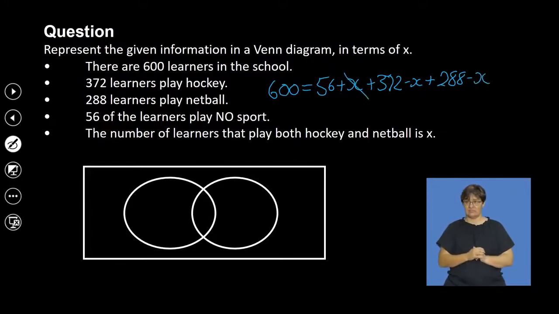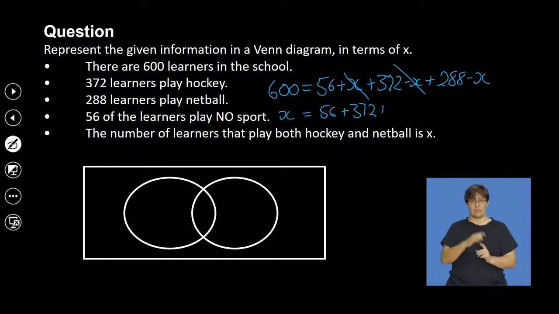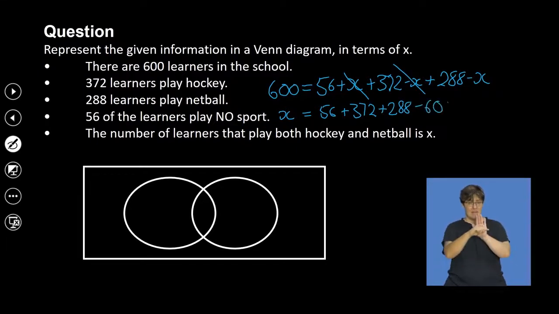Now, immediately you can see that those cancel out, and I guess that what we're going to do is we're going to solve for x. So I'm going to take x onto this side, and I'm going to say x is equal to 56 plus 372 plus 288, and over here I'm going to say minus 600.